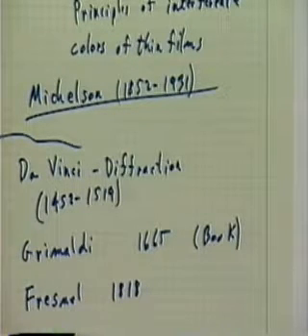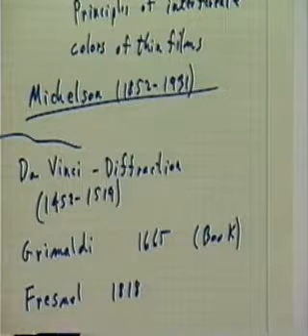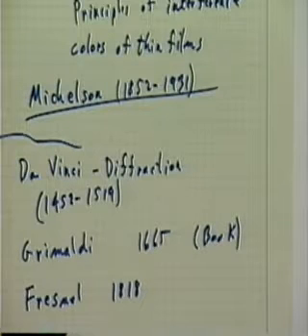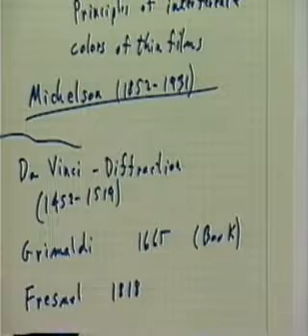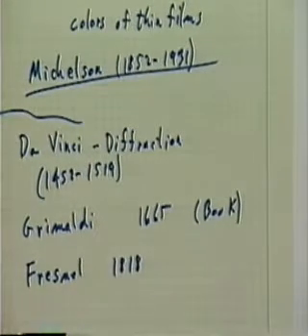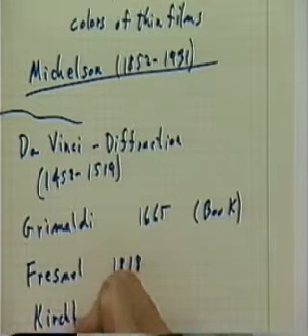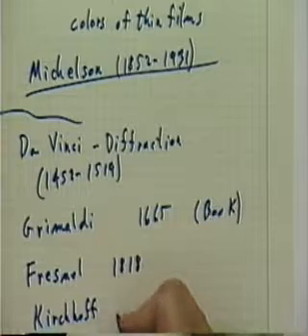He really put a good foundation on diffraction using Huygens wavelets and really combined it with interference. And then the guy who really added the math to this to explain it well is Kirchhoff, and that's 1882.